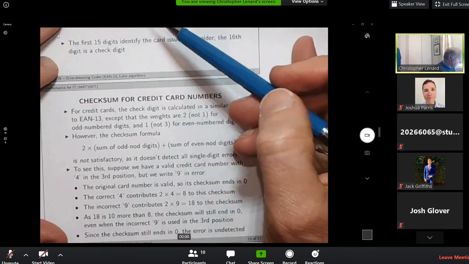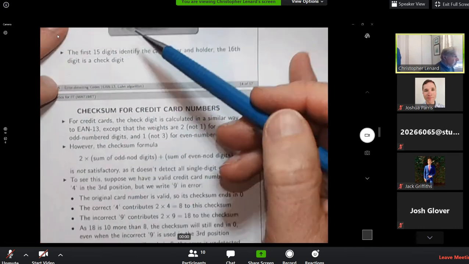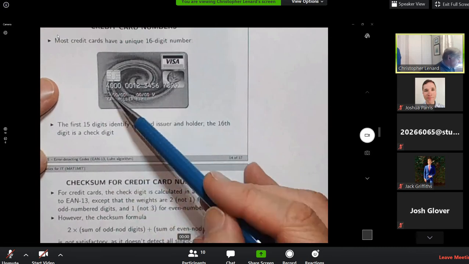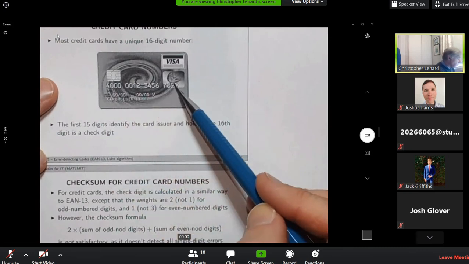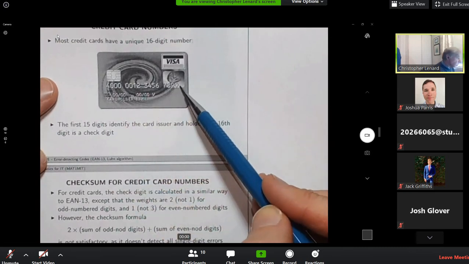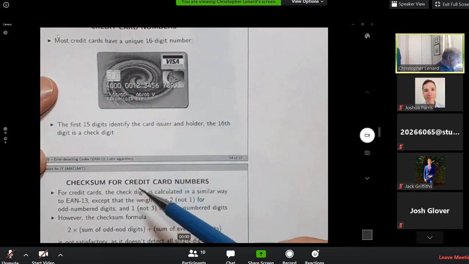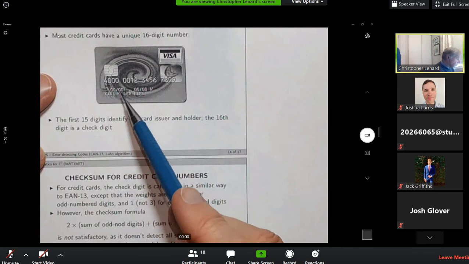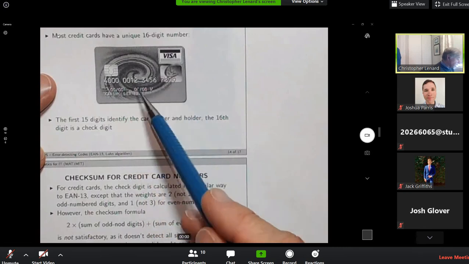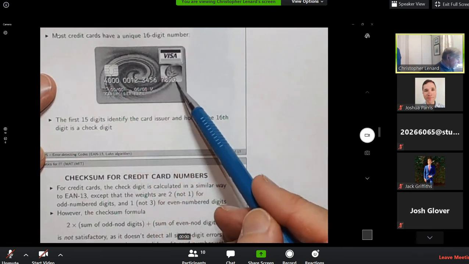So, 4 lots of 4. The first 15 are the actual number. The last one, the 16th, is the checksum. So it tells you which bank, which company, and the account, and then that's just a checksum.